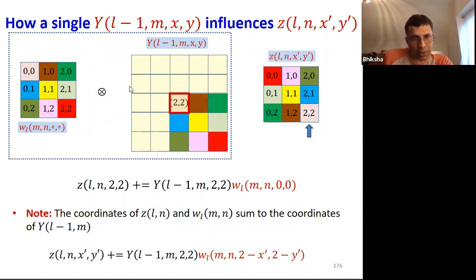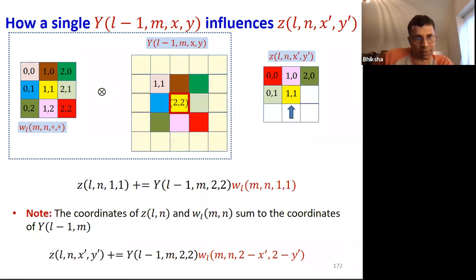And so the index of the filter is the gap, how many steps you have to take from here to the element. Which means that the index of the filter and the index of z must sum up to the index of the corresponding y. Did that make sense to everyone?